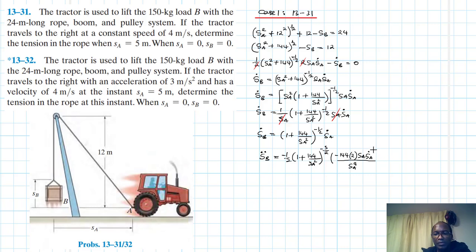Then the other term maintains the way it is, so plus 1 plus 144 divided by SA squared to the power half, then SA double dot, which is the acceleration. Great.